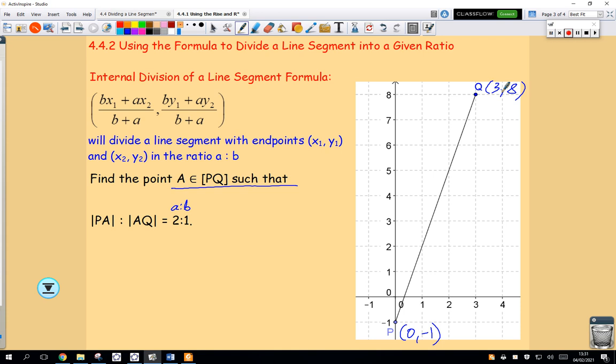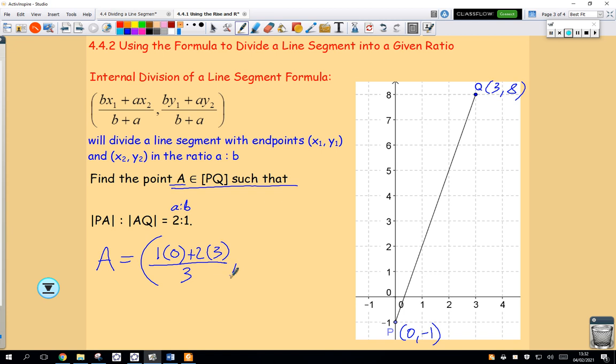So we're just going to find the point A. So the point A is going to follow the formula. Well, it's b times x1. b here is 1, multiplied by x1, the first x coordinate here is 0, plus a times x2. Well, a is 2, and the second x coordinate up here is 3. And that's all divided by b plus a. The total number of parts in the ratio is 3, 2 plus 1.